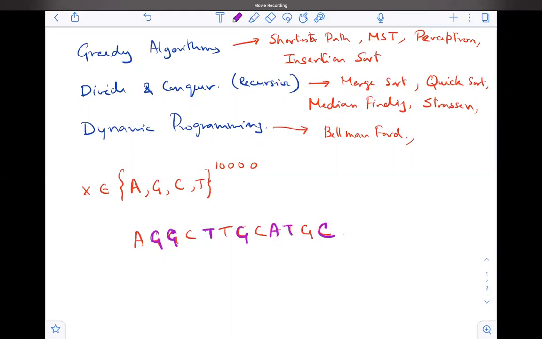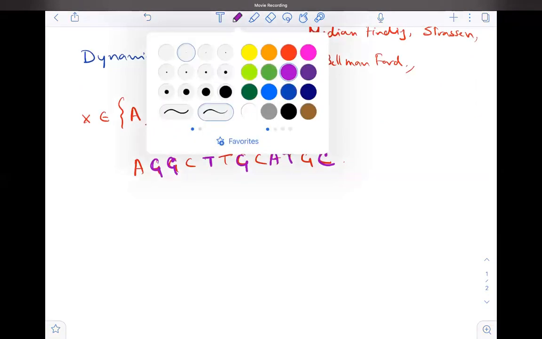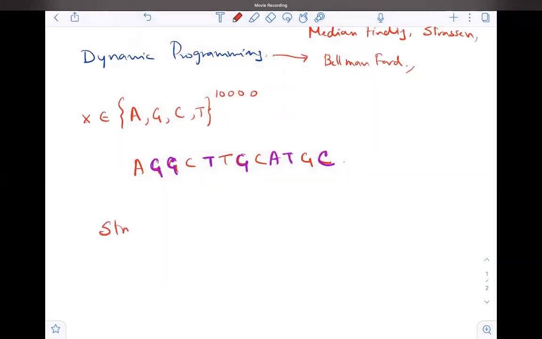It is just a subset of this sequence. You can drop some of the letters of the sequence and get a subsequence of that sequence. Now the problem that we are looking at is what is known as the longest common subsequence. You are given two strings, string 1 and string 2.